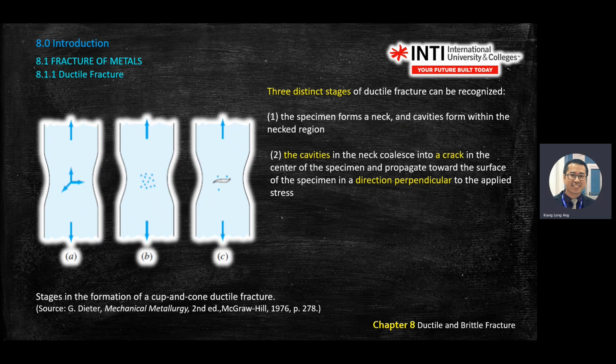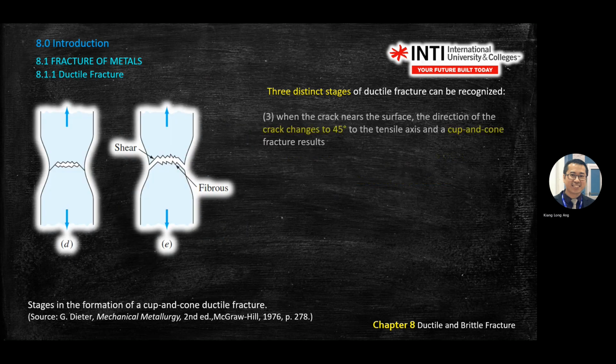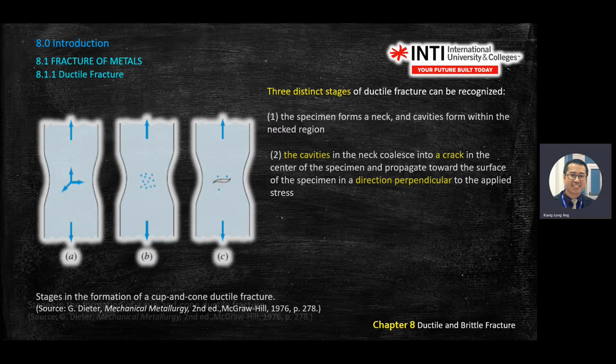It is also correct to say perpendicular to the applied stress or applied force. Why? Because what is the definition of stress? Stress equals force divided by area, so stress and force have a linear relationship, and you can use either word. Then the third stage: when it forms a cavity, it becomes a crack.